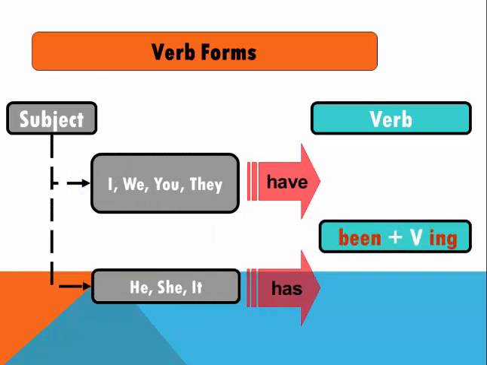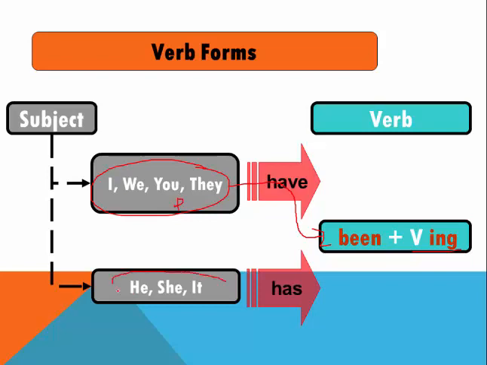form. So again this case has come here. Case one: I, we, you, they, and plural. With that we will have "have" plus "been" plus the ing form. I have been reading a story for 2 hours. You have been doing this work for 3 hours. Now he, she, it, and with that we'll use "has."